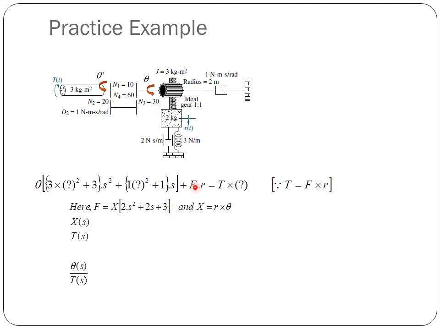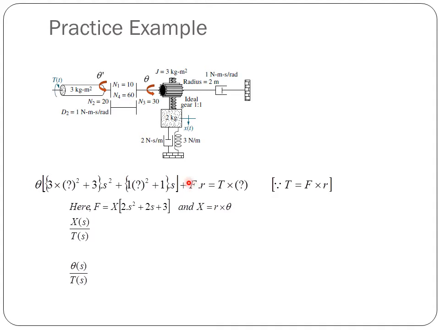Now what is inside F? The F is nothing but X into the impedance associated with X, which is 2s square, which is the mass, and then 2s for the disc damper, and plus 3 for the spring, etc. So this is the value of X. So you need to put this value in here, okay.